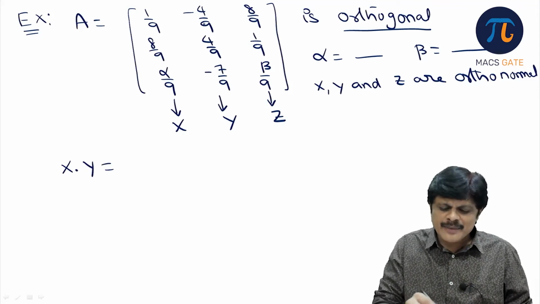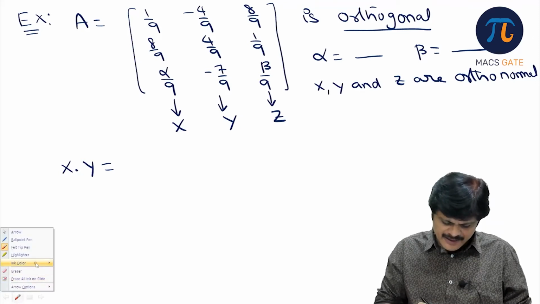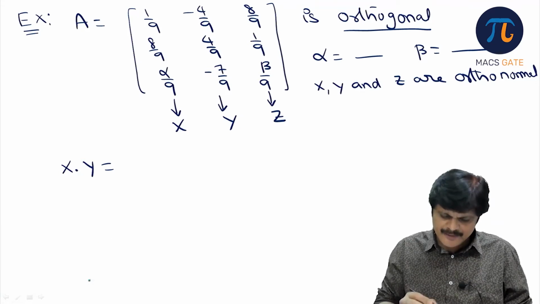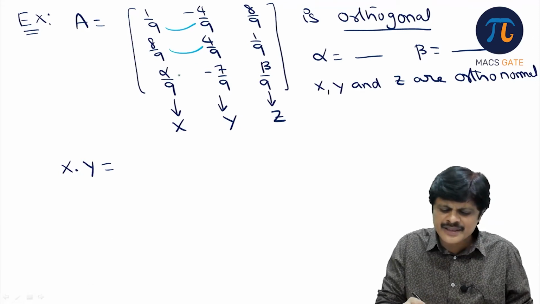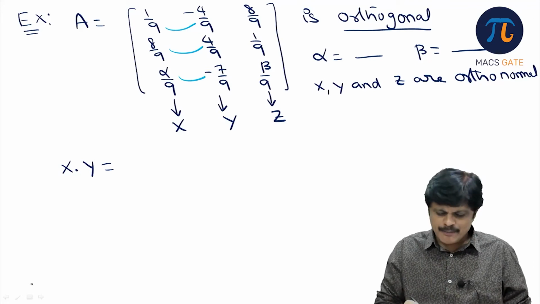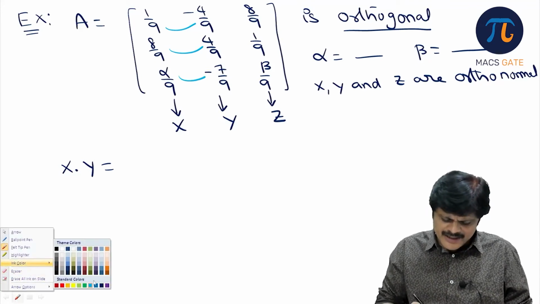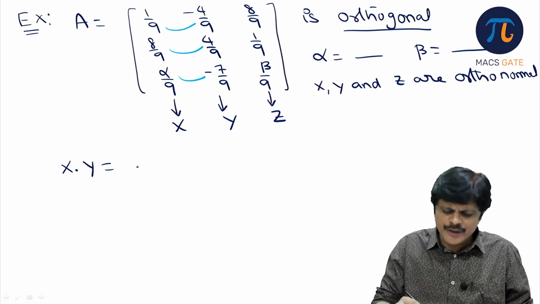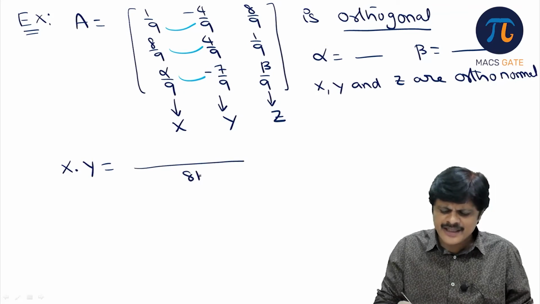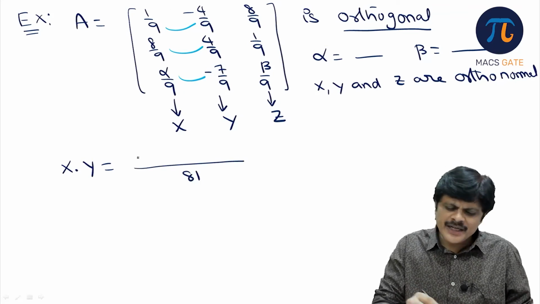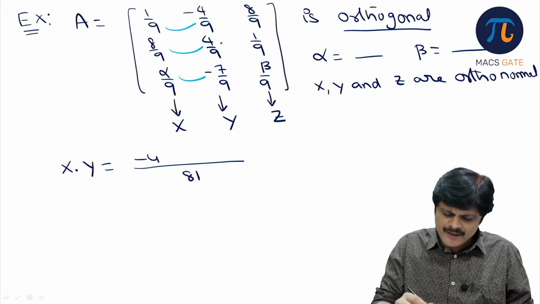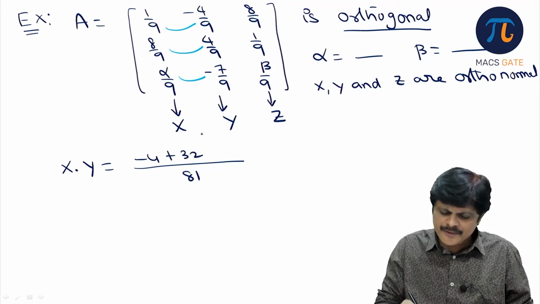X dot y means I just need to multiply this. This into this, this into this, this into this. But if you observe, the denominator is common. 9 into 9 is 81. Denominator is 81. Numerator is minus 4 plus 32 minus 7 alpha.